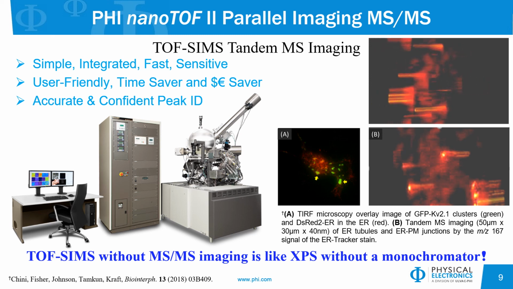And so just like someone would never dream of doing an XPS analysis without using a monochromated X-ray source, it's hard to conceive these days of doing TOF-SIMS analysis without having a tandem MS capability available for not only the imaging part of it, but the confident peak identification.